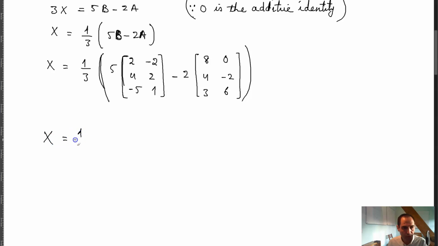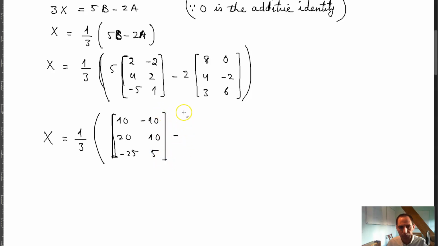So X is equal to 1/3 times this matrix here. 5 times 2 is equal to 10, negative 10, 20, 10, negative 25, and 5. And 2 times this matrix is 16, 0, 8, negative 4, 6, 12.